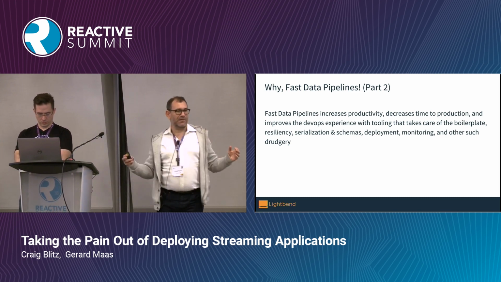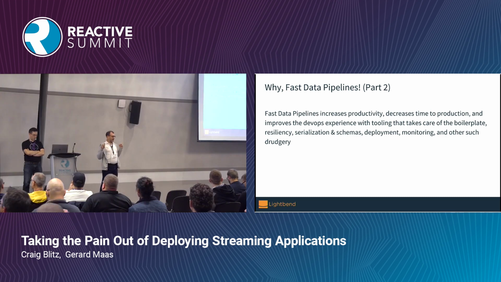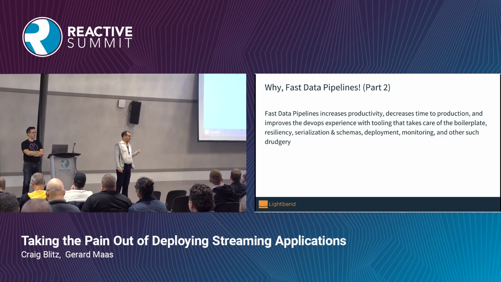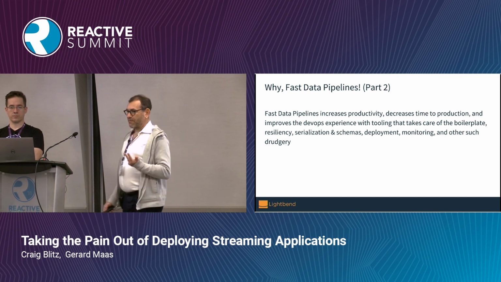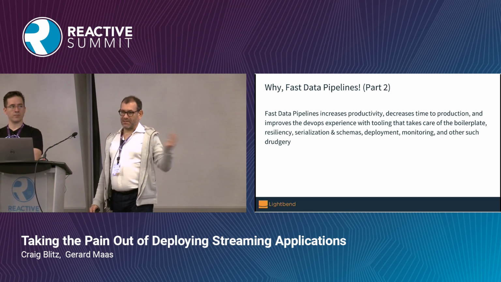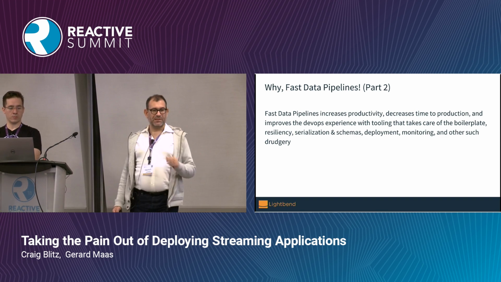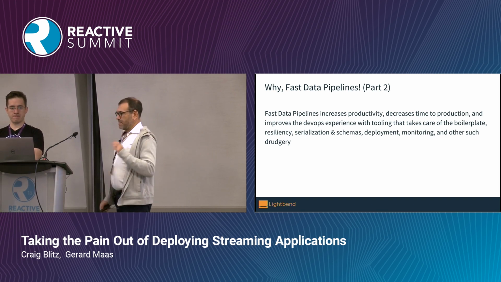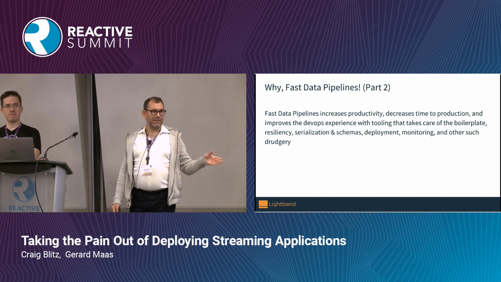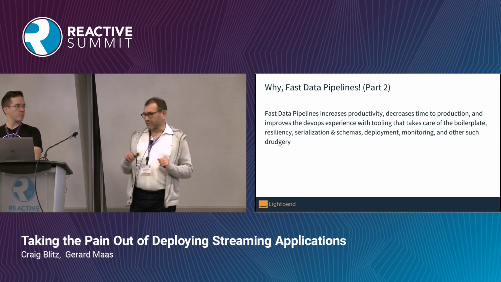But the way it does that is by automating a lot of developer and DevOps tasks: automating serialization, doing schema management, doing deployment for you, managing your Kafka and your Kafka topics that sit in between stages of your stream processing. And of course, deploying those pipelines, exposing them as microservices.